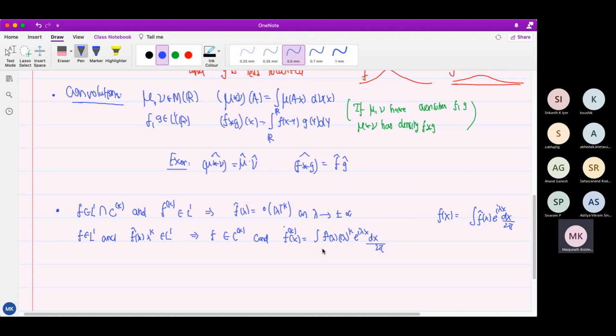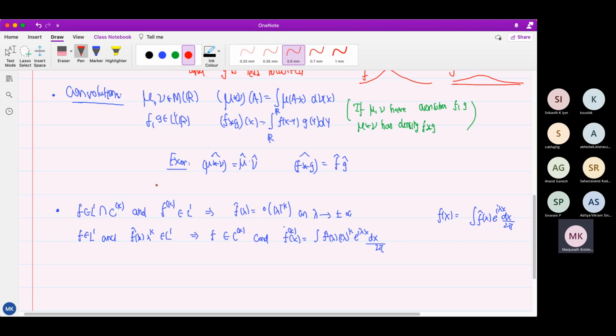Okay. So this type of thing is true, but you can also go the other way because both sides are the real line. In the circle case, we could talk about smoothness of functions on T and decay on Z. It didn't make sense to talk about decay on the circle group because it's a compact space, and there is no meaning of smoothness on Z. But here you can also go the other way.